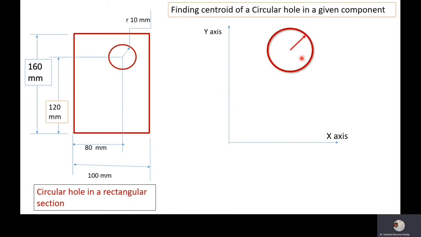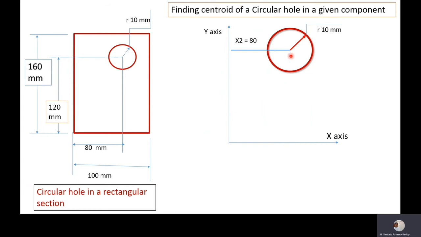Circular hole center is at a distance 120 mm from the x-axis and 80 mm from the y-axis. So x2 value is 80 mm, y2 value is 120 mm.